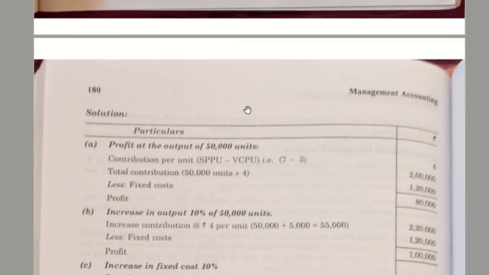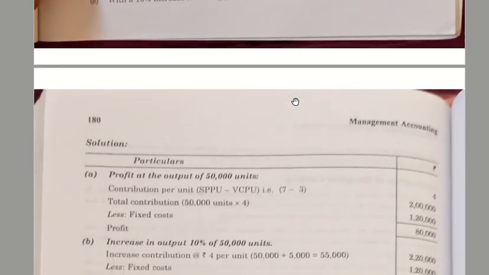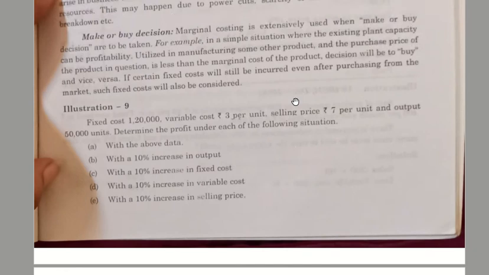First, with the above data, you are supposed to calculate the profit at the output of 50,000 units.